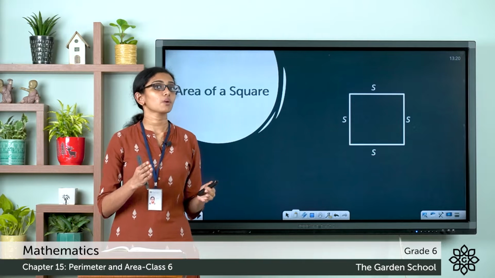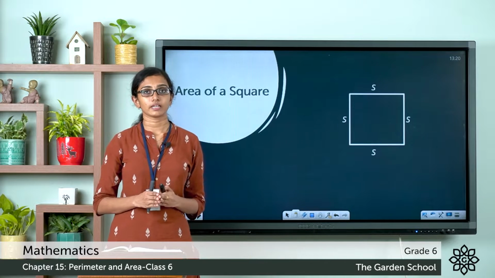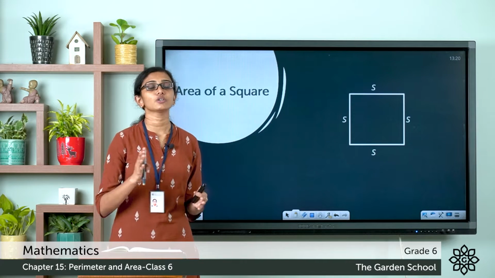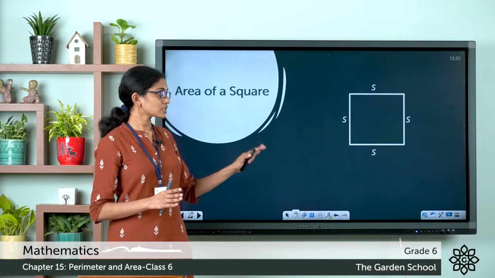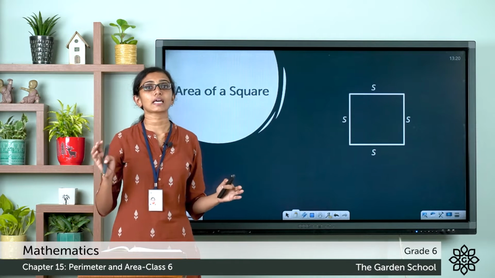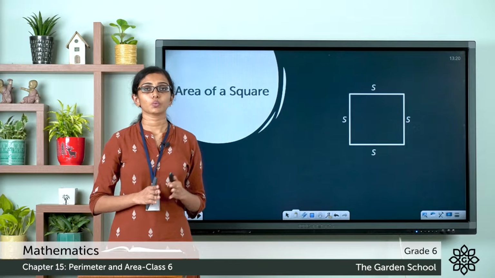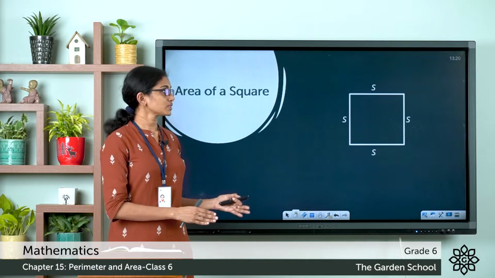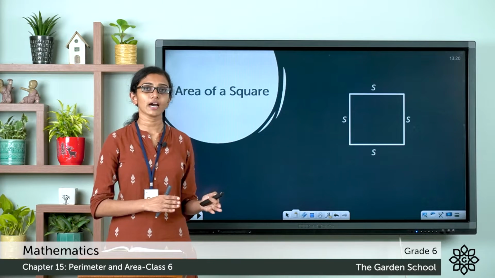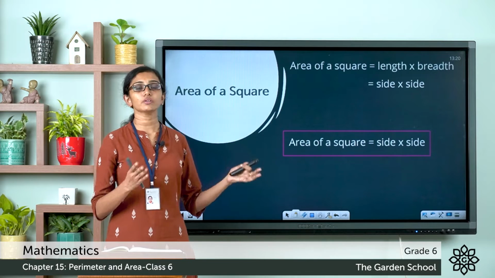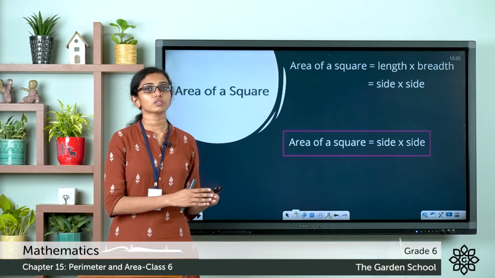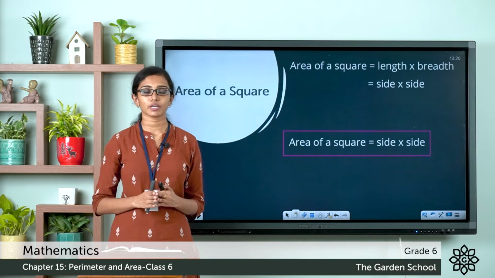Now we know the formula for finding the area of a rectangle. What is it? It is length into breadth. But in the case of a square, both length and breadth will be the same. So we can say in the case of a square, the area will be equal to side into side. Why? Because here both the length and breadth are of the same measure.